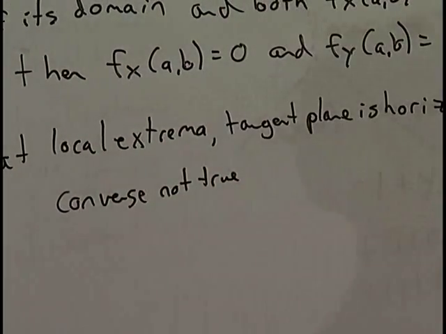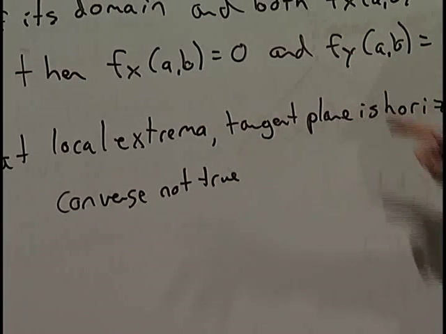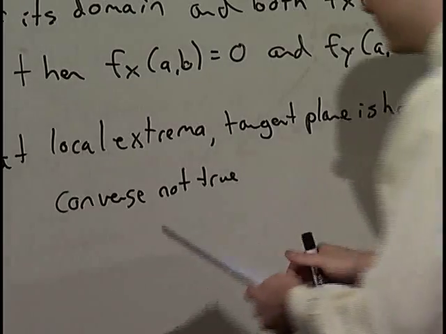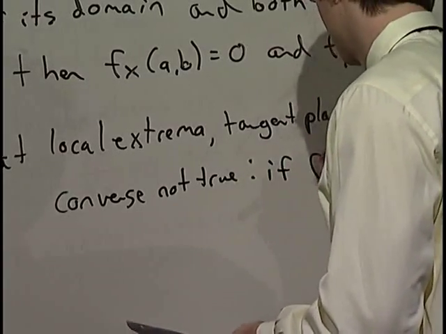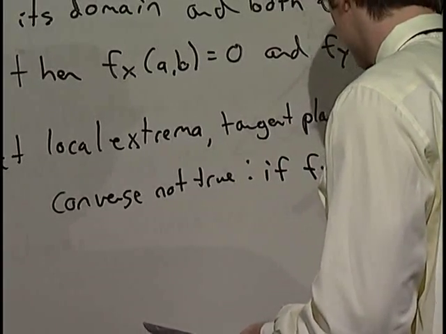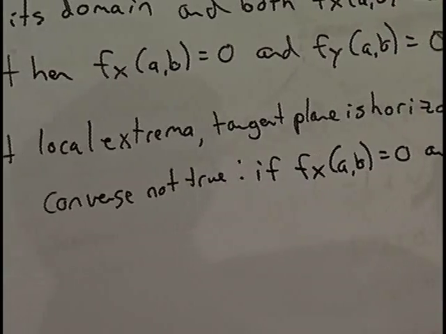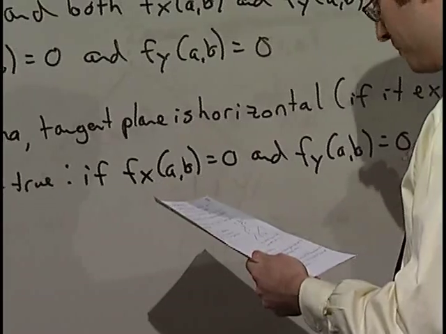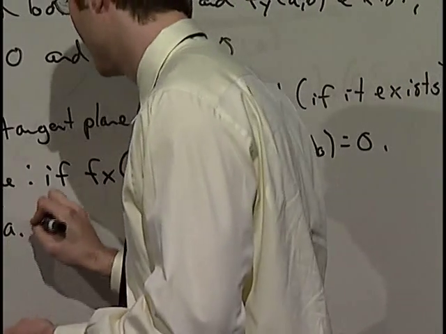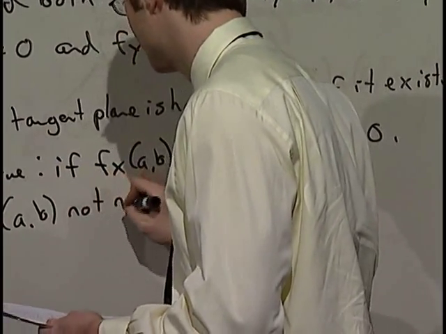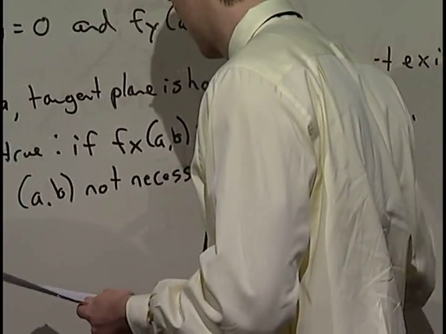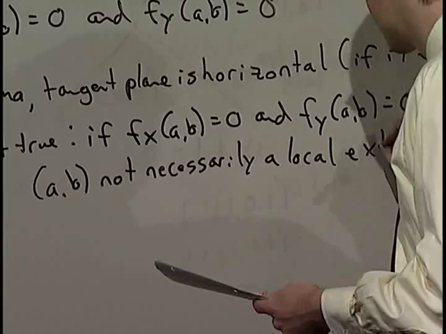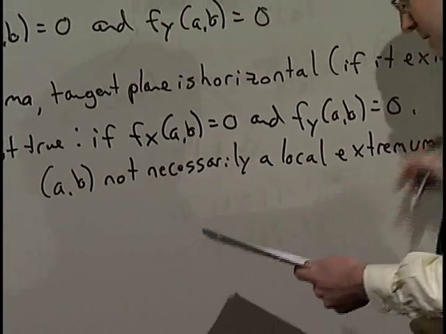That is to say, just because your partials are both 0 does not mean that your point is a local extremum. So if the first order partials are both 0, it's not necessarily the case that (a, b) is a local extremum, right?